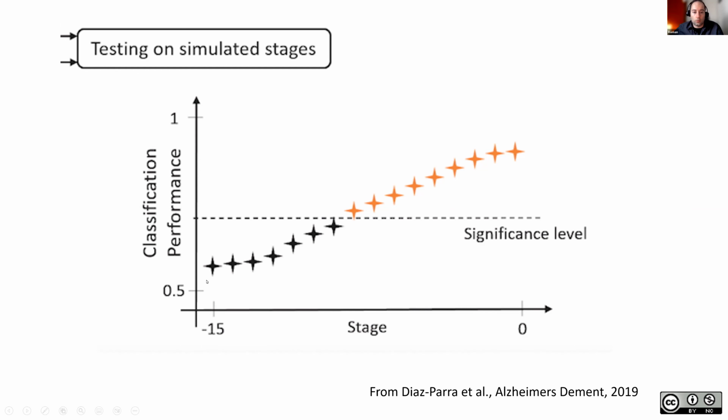So you will be close to 0.5 classification performance. And then as the stages increase, so the more progressed Alzheimer's disease becomes, the better the classifier will be at distinguishing those two different trajectories. And this is exactly what we see.